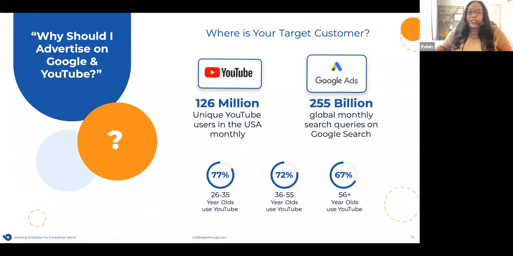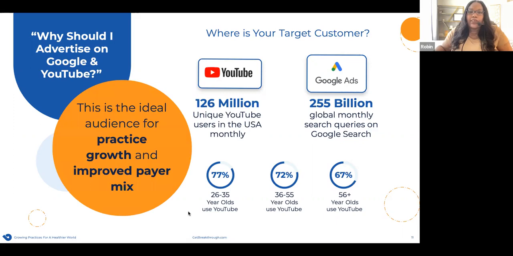And when you go down to YouTube, you can see in most age categories, YouTube has at least 70% of your marketplace. Ages 26 to 35, 77%, ages 36 to 55, 72%, and then ages 46 plus, they have 67% of the market. So this is the ideal audience for practice growth and improved payer mix.